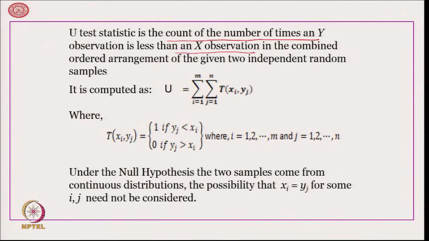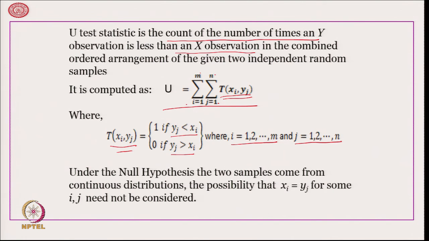Therefore, it is computed as U equal to the sum over i equal to 1 to m, j equal to 1 to n, of T(x_i, y_j), where T(x_i, y_j) is equal to 1 if y_j is less than x_i, and 0 if y_j is greater than x_i, where i equal to 1 to m is the number of x samples, and j equal to 1 to n is the number of y samples.